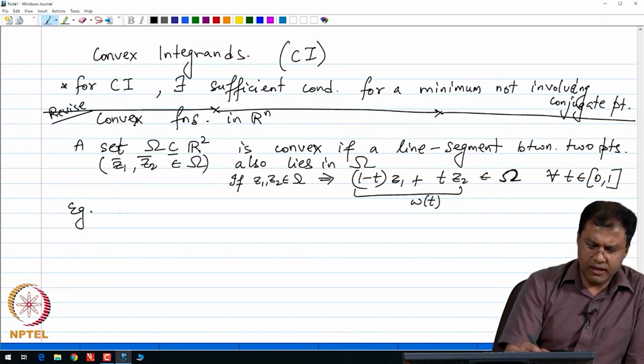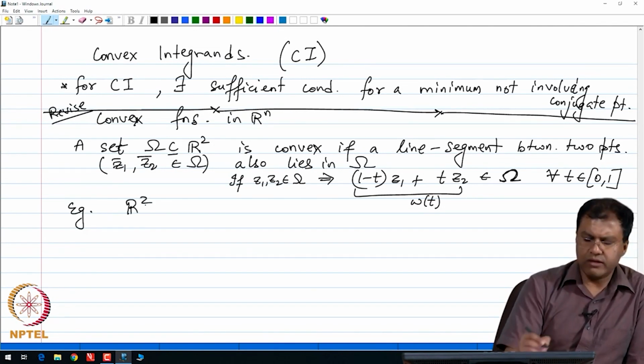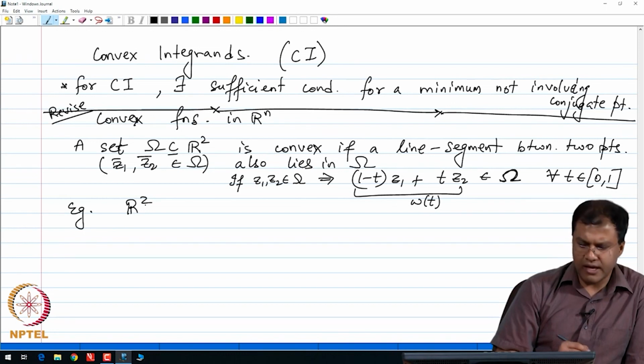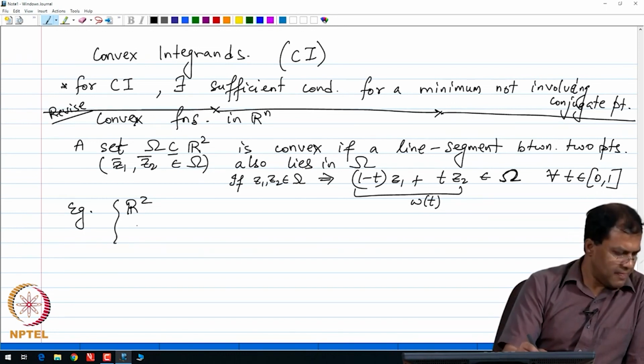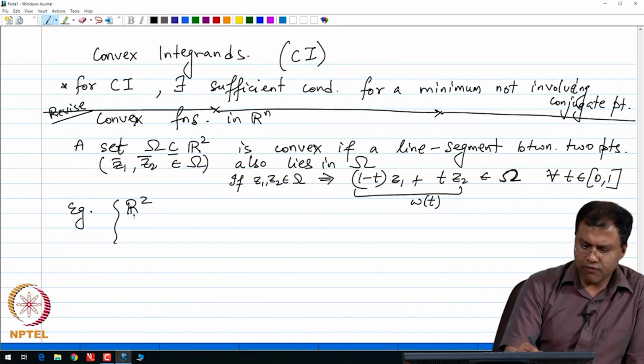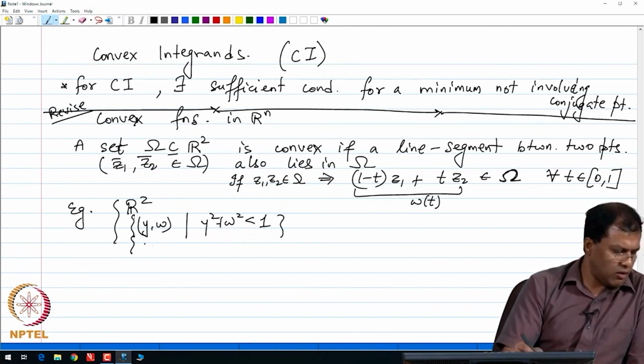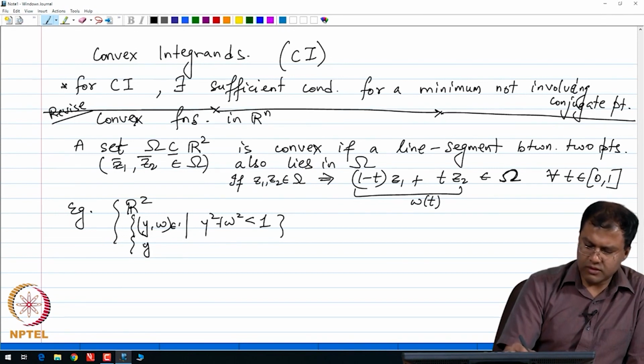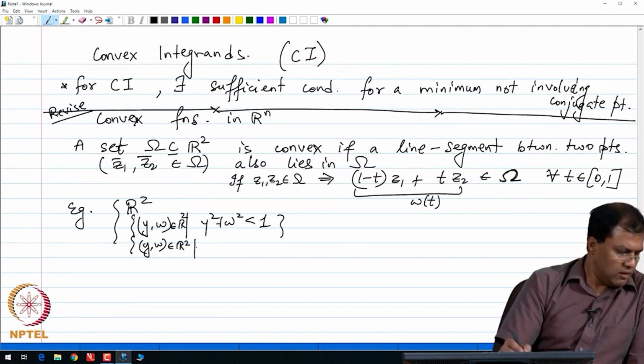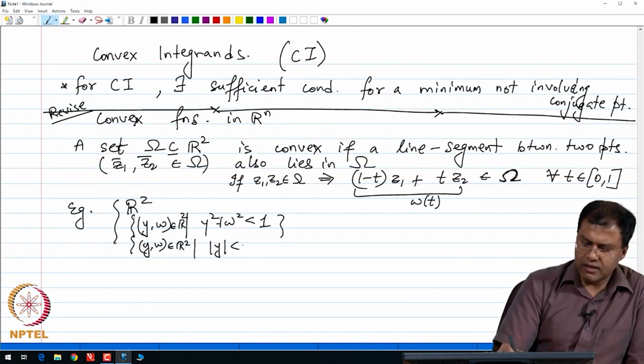Examples are R2 itself, the entire 2D plane, or the set described by the tuples y comma omega such that y square plus omega square is inside a disk of radius 1, or the set of y comma omega in R2 such that they are bounded above by 1.